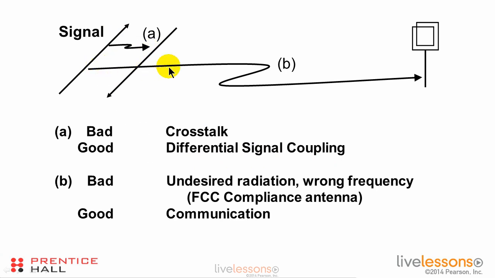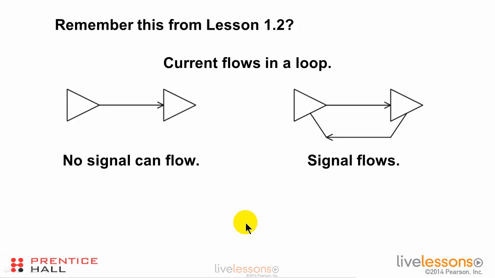If the signal is radiating out into an antenna and the antenna happens to be at the FCC compliance testing range, well, that's bad. But if the antenna is in a radio or a TV set and we are exercising communication, well, that's good. That's what electromagnetic radiation is all about.